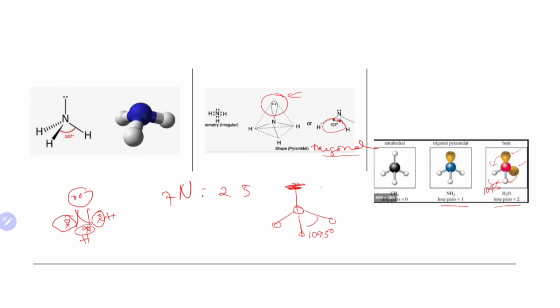For NH3, the one lone pair will repel this to a smaller angle, 107 for NH3, but for H2O there are 2 lone pairs, so this will repel stronger, so the angle becomes smaller.